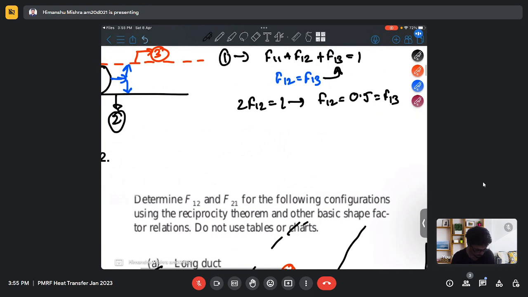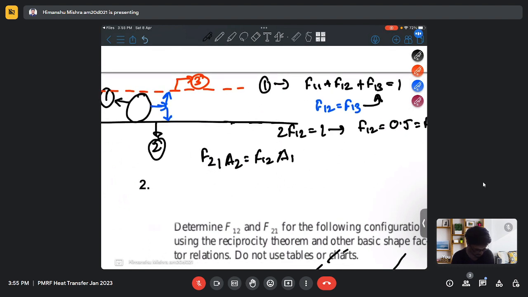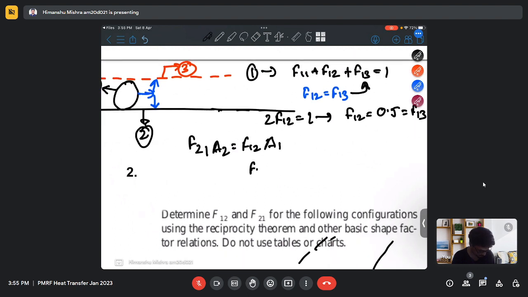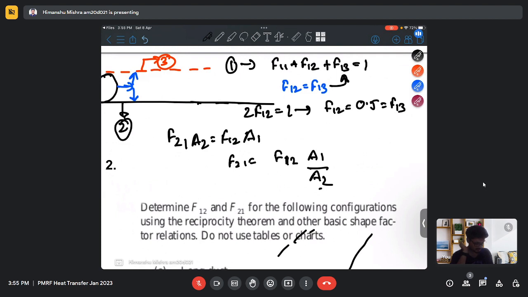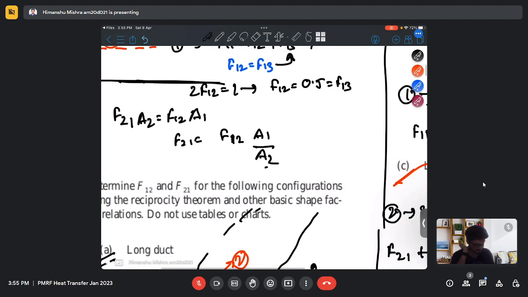Now we can use the reciprocal theorem to find shape factor F21. So this is an infinite surface. So my area A2 is going to infinity because this is an infinite surface, which means that as my area A2 goes to infinity, my shape factor F21 goes to 0.